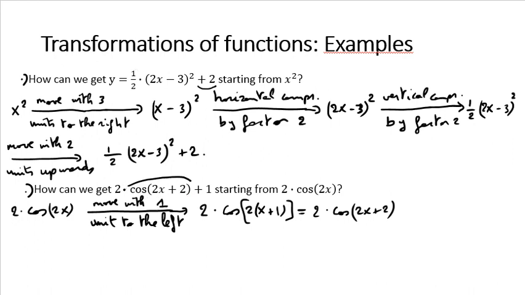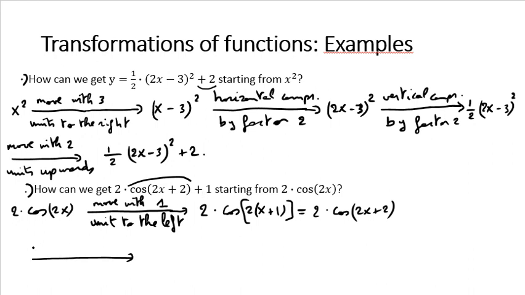We still have to get the 2 times 2 and the plus 1 there. So the next thing we can do is, oh no, we already have the times 2. Okay, the next thing we have to do is adding 1 to get plus 1 here. And that is a vertical translation with 1 unit upwards.